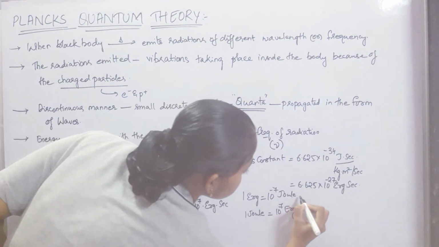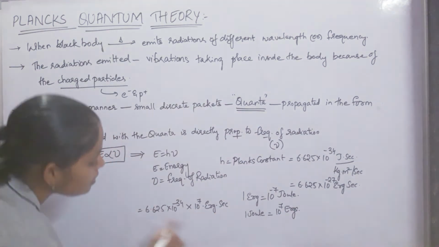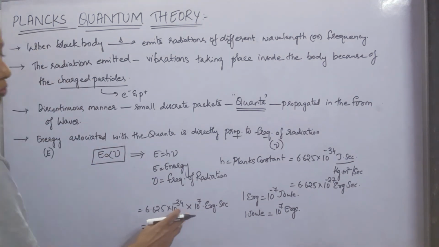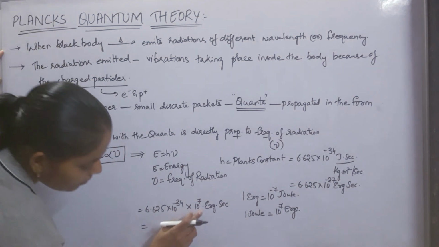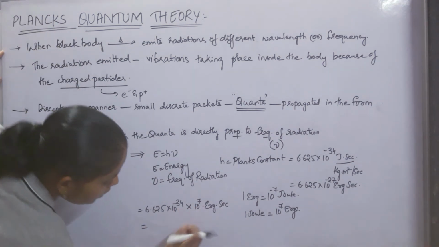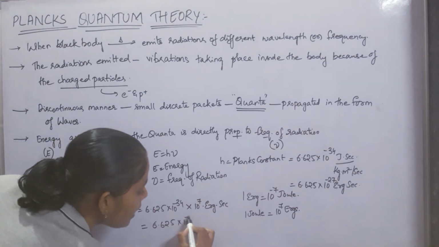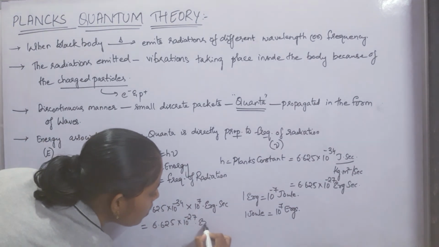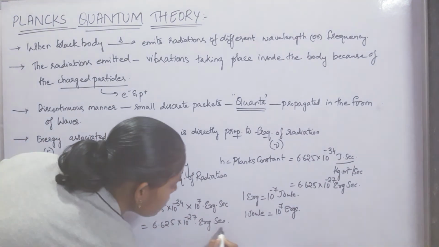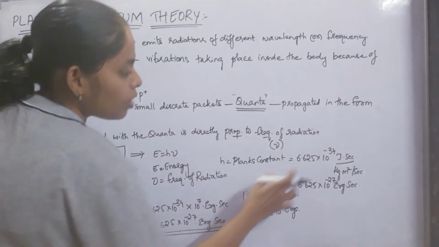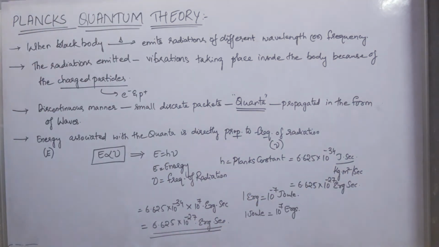Deducting 7 from 34, we get 6.625 into 10 power minus 27 erg second. In this way we convert joules to ergs. So this is Planck's quantum theory as well as black body radiation.